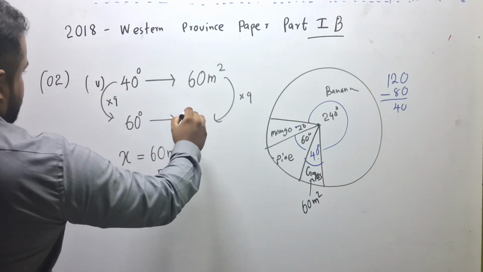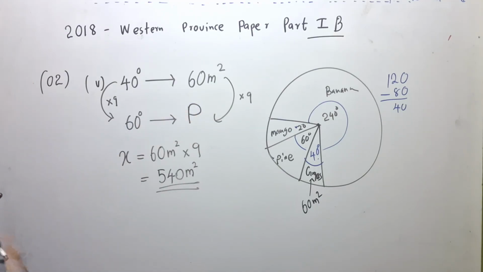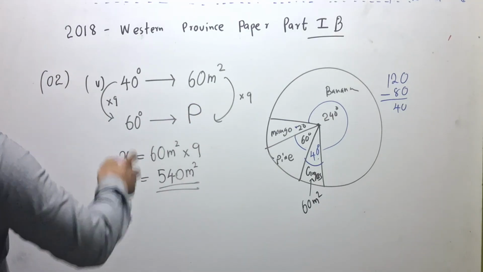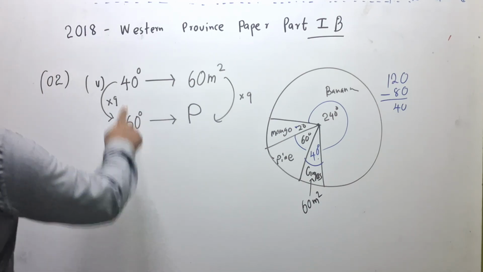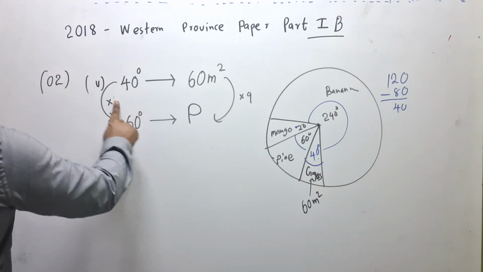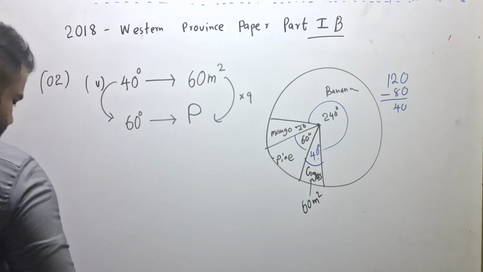I'm taking pineapple as P. To find P, what we want to know is how to convert 40 to 60.